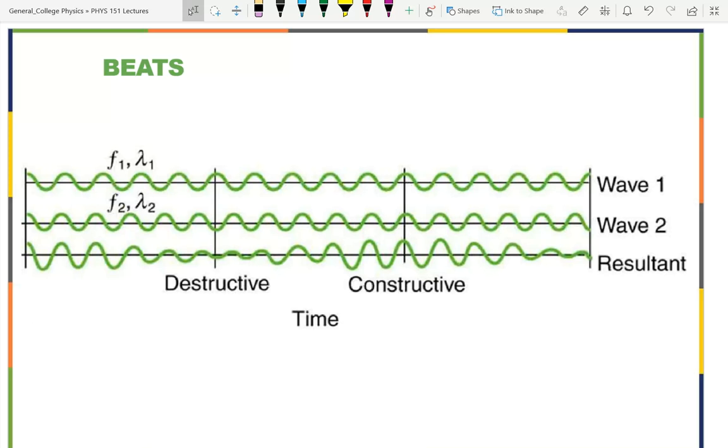Because the two frequencies are not exactly the same. They're really close to each other, so sometimes they're what we call in phase, where they're both reaching their peaks at the same time. But then because the frequencies are different, a little bit later they're going to be out of phase, where one's at peak when the other is at a minimum. What kind of interference do we have if they're like this?